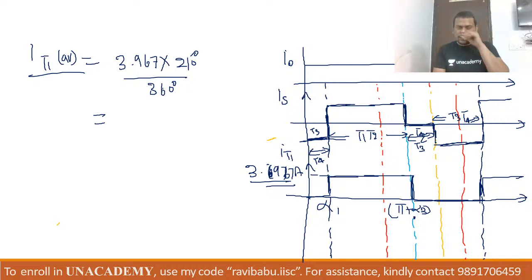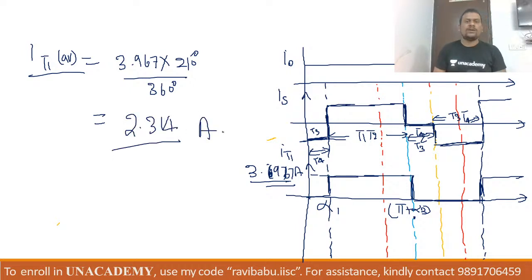So 3.967 into 210 divided by 360 comes to 2.314 ampere.